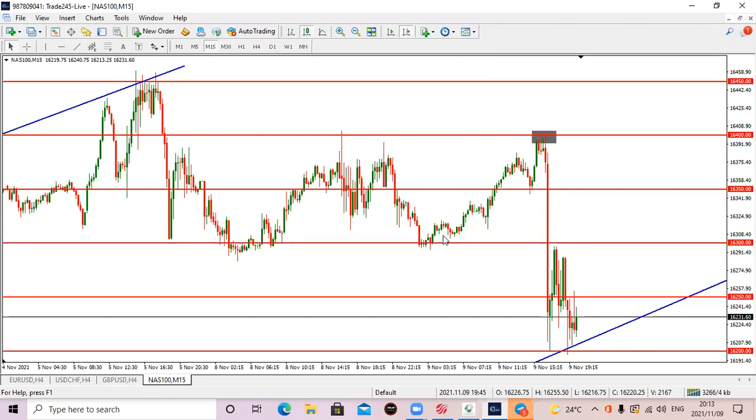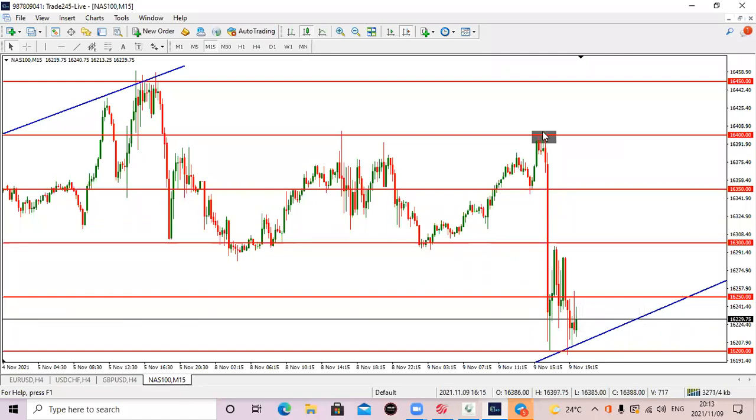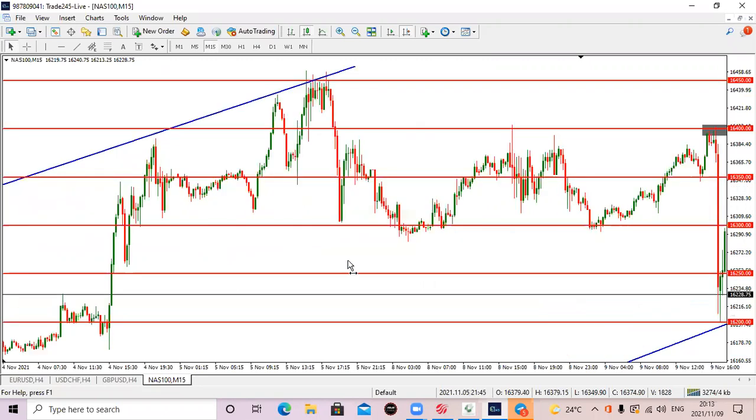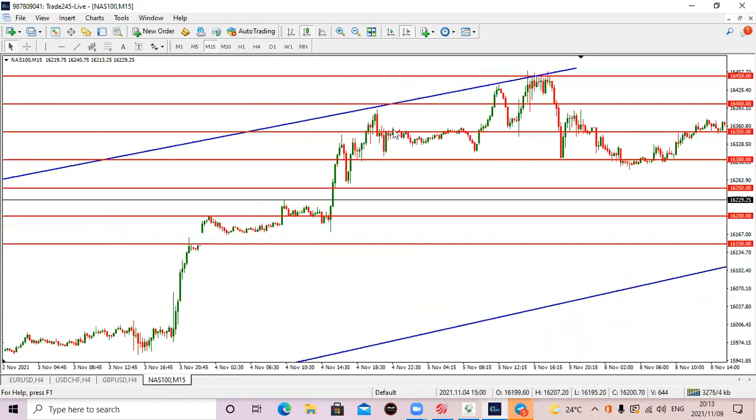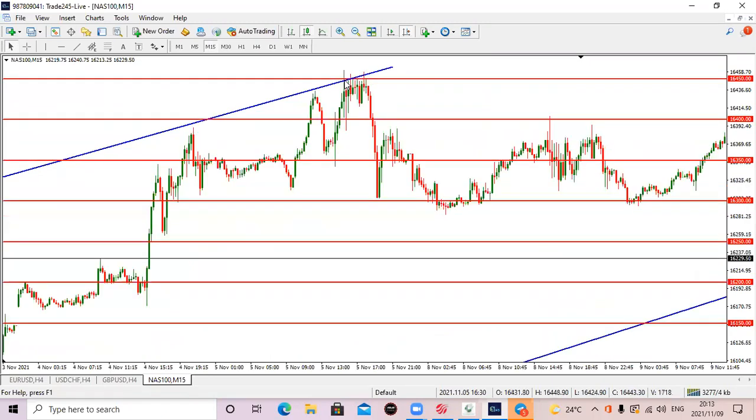I want you guys to look at these LPs, how powerful they are. The market dropped from here, and then from there it came all the way up. That's your TP. Look at the price, how it respects this price. Also, this is a reversal.